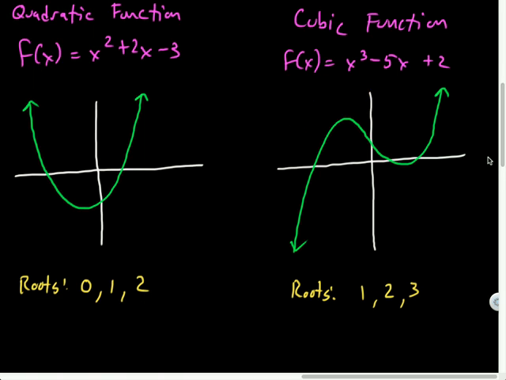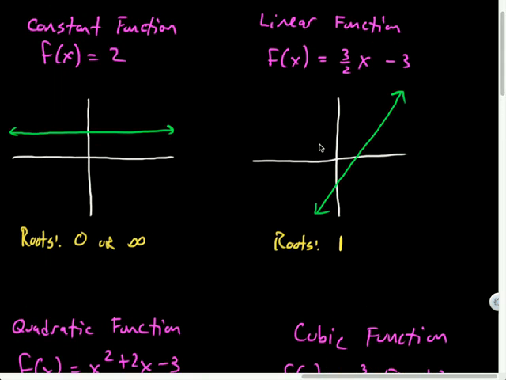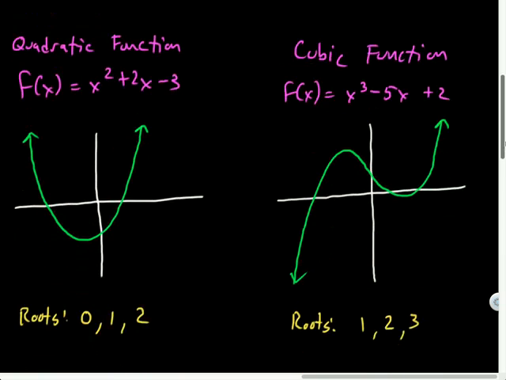And with that in mind, could I have had 0 for a linear function? Unless the line was horizontal, but if the line's horizontal, then it's a constant, because the slope would have been 0, 0 times x. There is no linear term, so it's a constant function in that case. So for the linear function, I also wasn't able to have 0 roots.